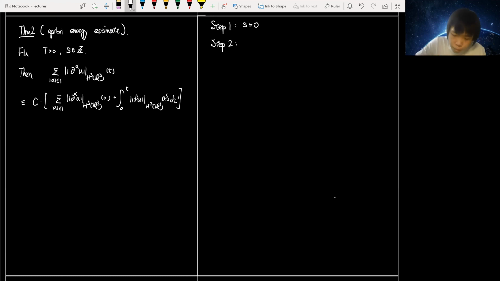In step 2, we're going to deal with the case S greater or equal to 1, but it can actually be reduced to the case S equals 0 because we can consider V as the derivative of U, say V equals du dt, du dx, and so on. Then apply the estimate for S equals 0. Using this trick, you can get any positive integer S.